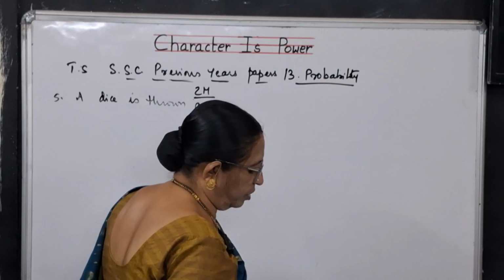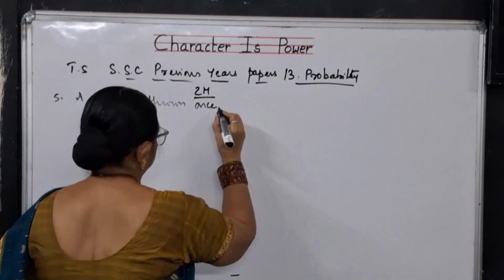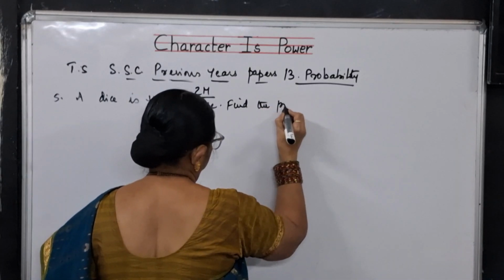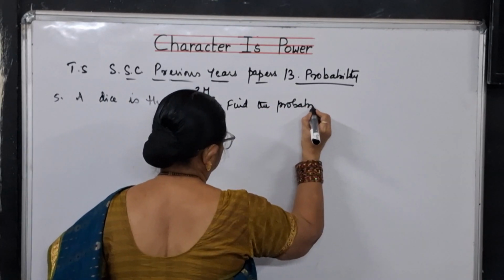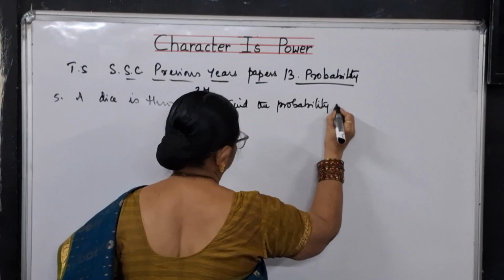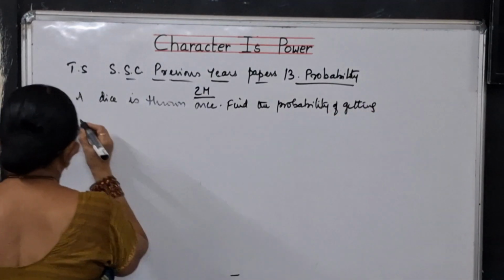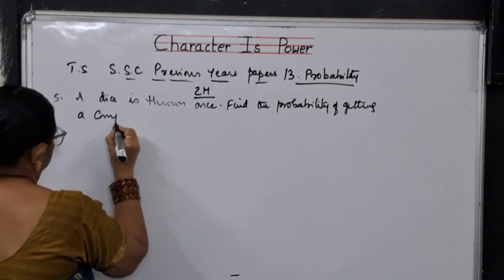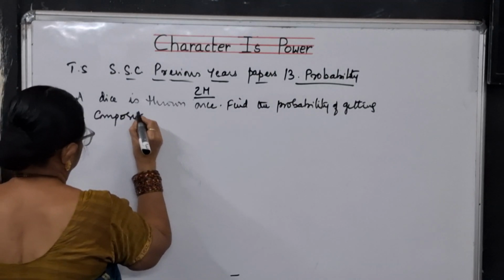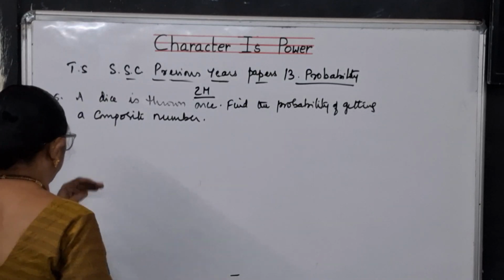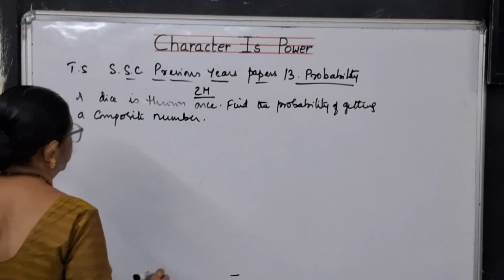Find the probability of getting a composite number. Find the probability of getting a composite number.